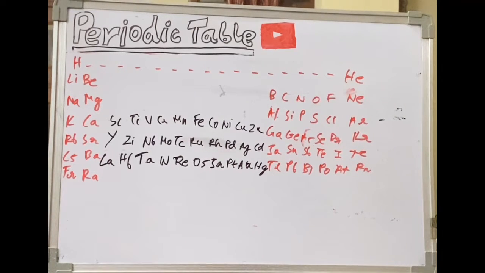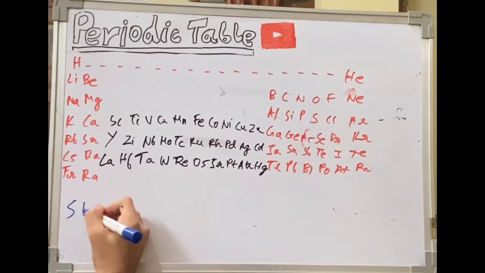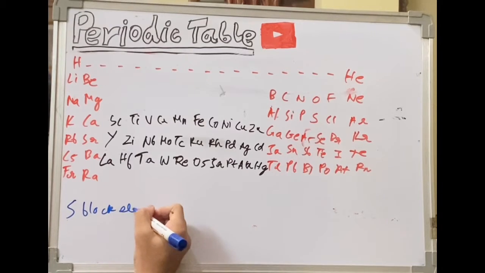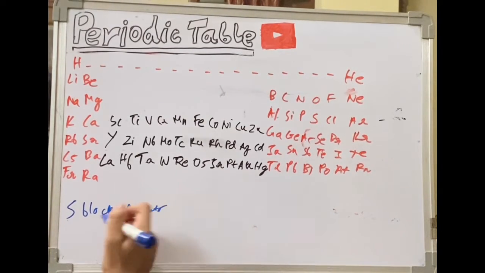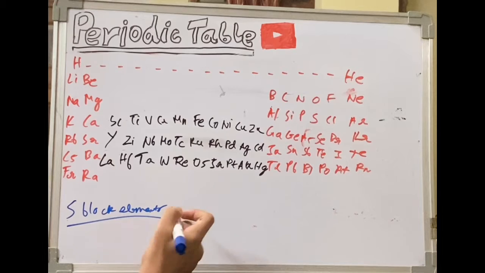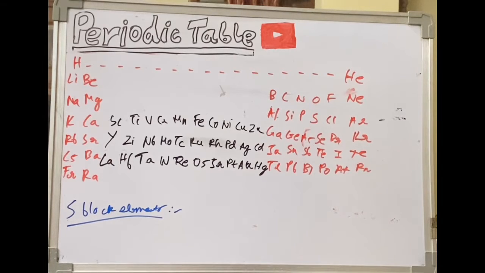Now we'll firstly start with the S block elements. This thing is pretty basic to understand: the elements whose last electron, or the valence electron, lies in the s orbital, you can refer to them as the S block elements.